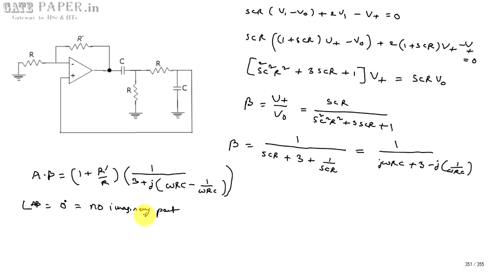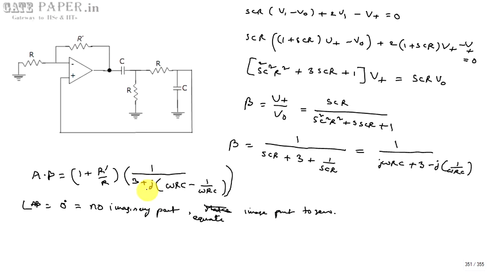So we equate the imaginary part to 0 in the above equation, so that we can ensure that the phase shift introduced by the entire loop gain is 0 degrees.